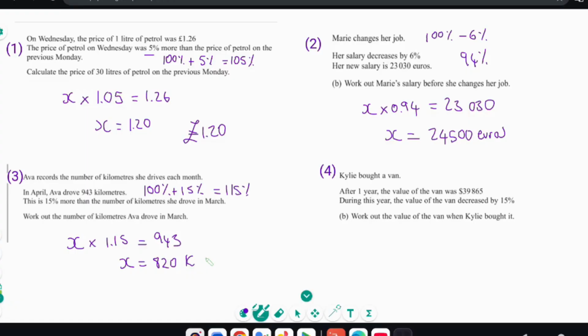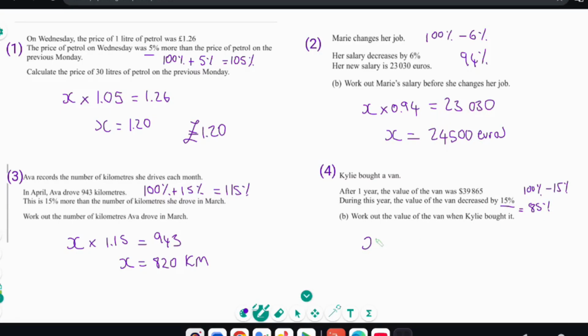Okay, question 4. Kylie bought a van. After 1 year, the value of the van was $39,865. During this year, the value of the van decreased by 15%. Work out the value when Kylie bought it. So it's been decreased by 15%. The original is 100%. Minus 15% is 85%.